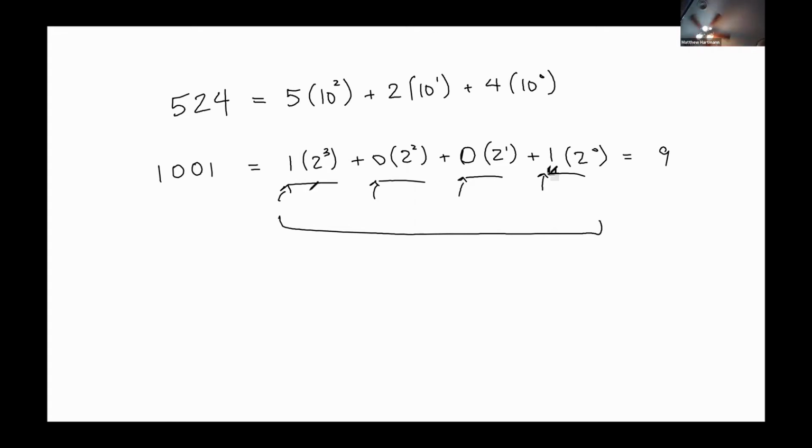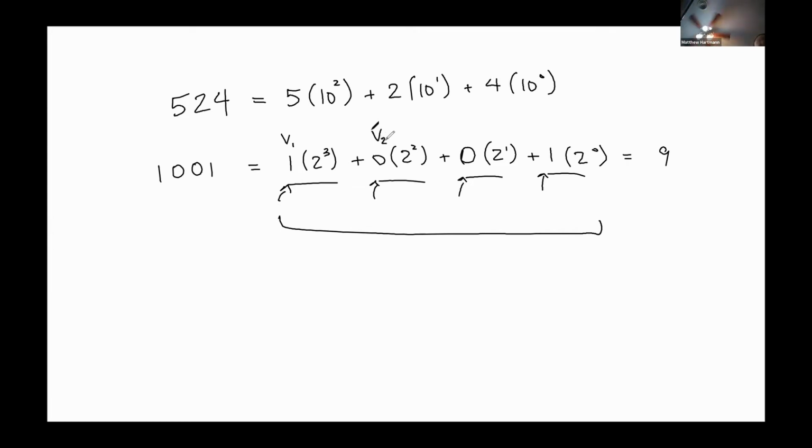So we want one input, let's call this voltage 1, to be scaled by a factor of 8.